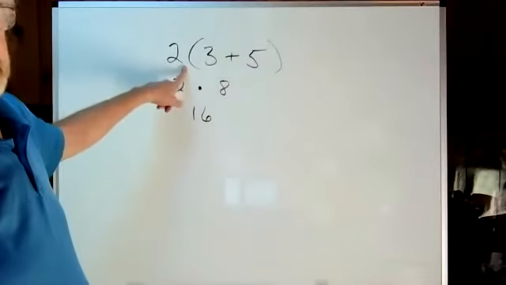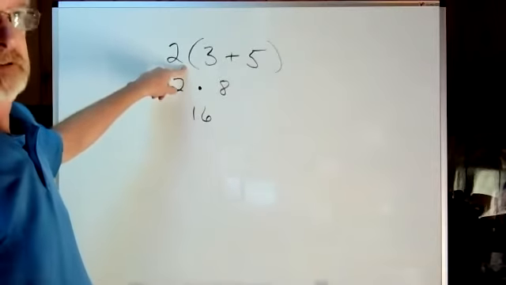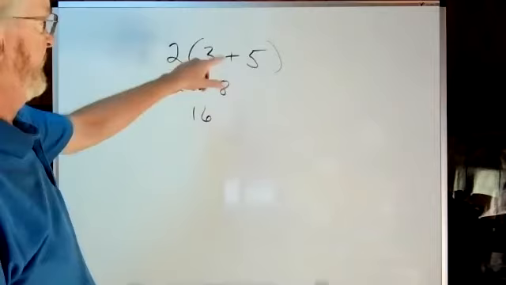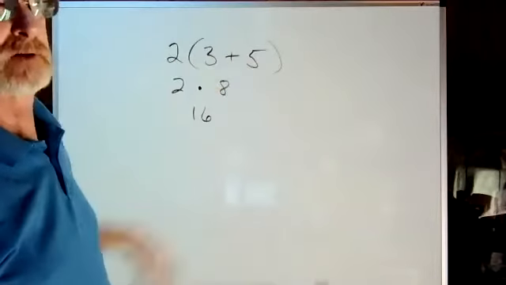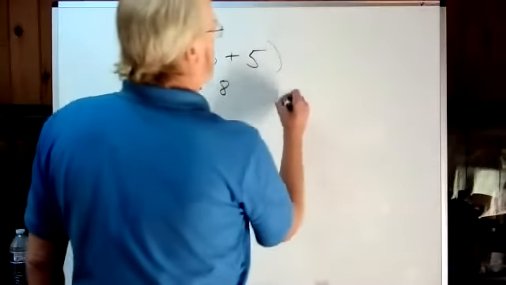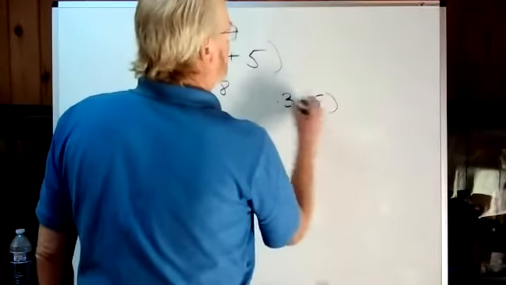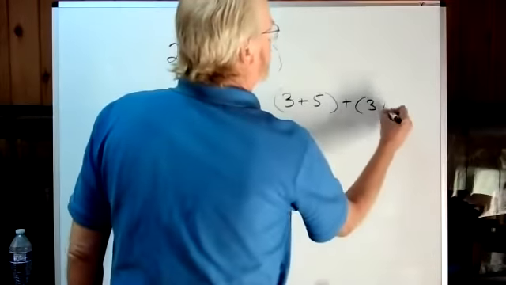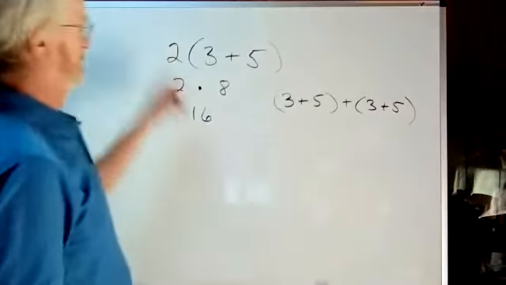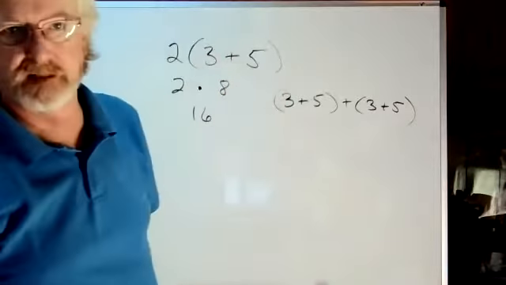But what does multiplication mean? Multiplication is repeated addition. This is saying I want to add 2 of those together, right? 3 plus 5 plus 3 plus 5. Do you agree that means the same thing?